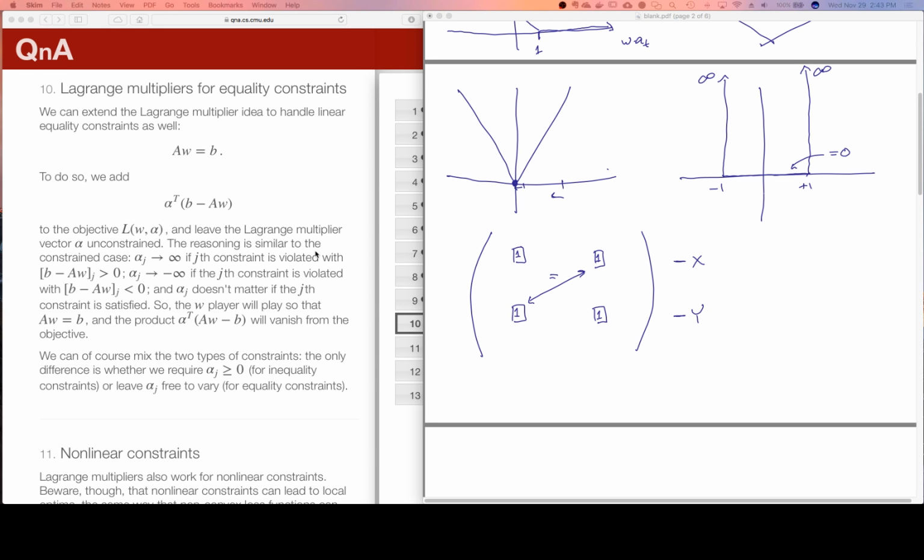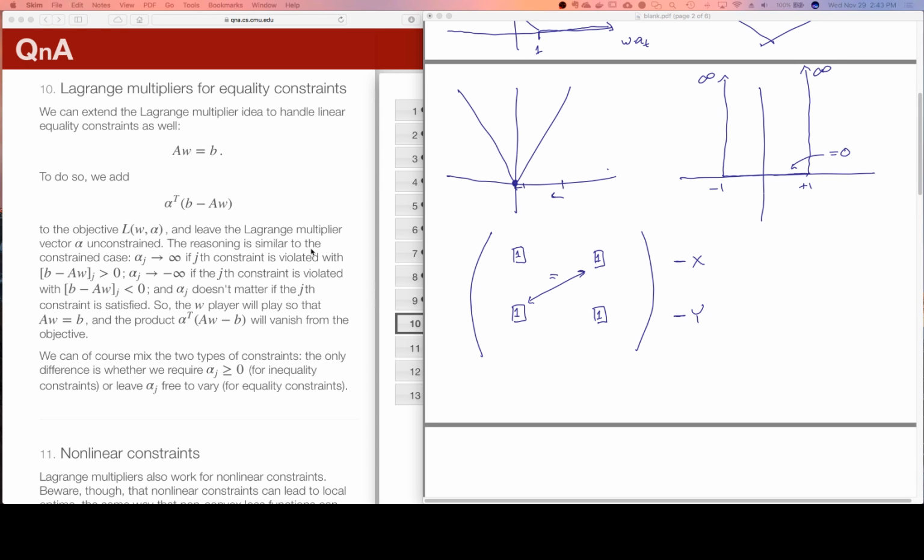If the jth constraint is violated in the positive direction, then the alpha player will send alpha j towards plus infinity. If it's violated in the negative direction, the alpha player will send alpha j towards minus infinity. And if the jth constraint is satisfied, the coefficient of alpha j is 0, and that term drops out.